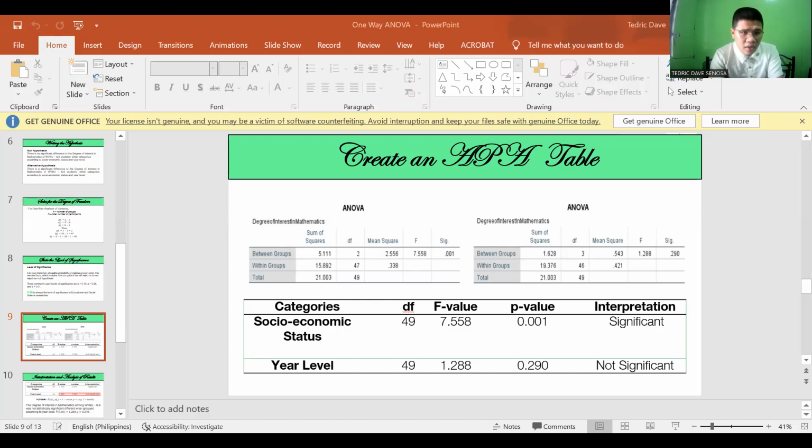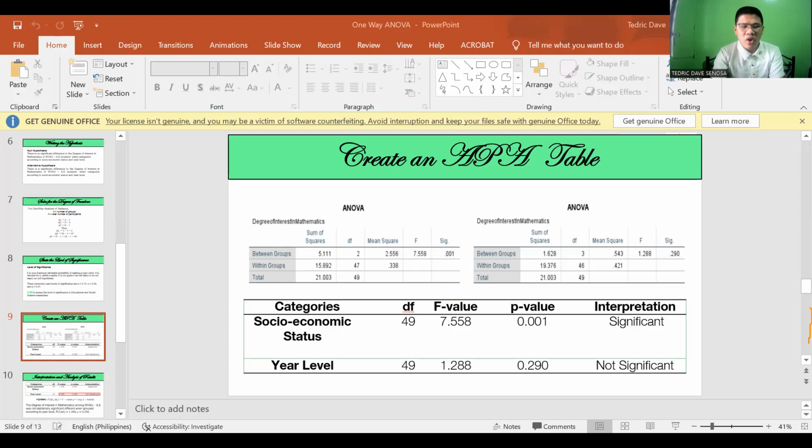As you can see here, this is your DF1, your DF2, your DF, and then this is your p-value. Since it is not significant, you don't need multiple comparison. You don't need the post-hoc results. You don't need the whole of this.